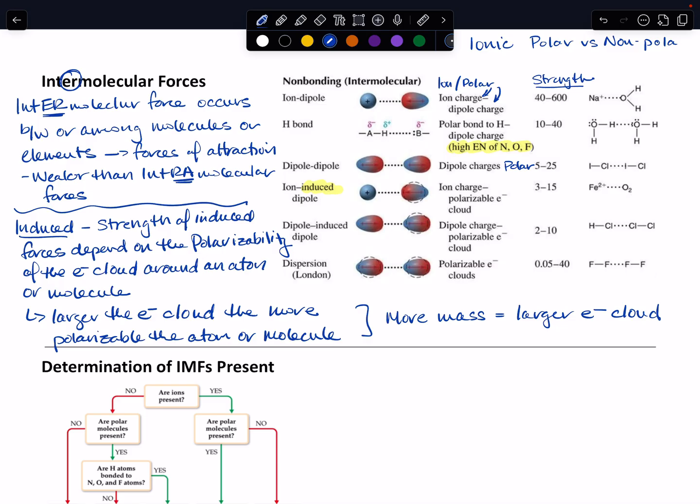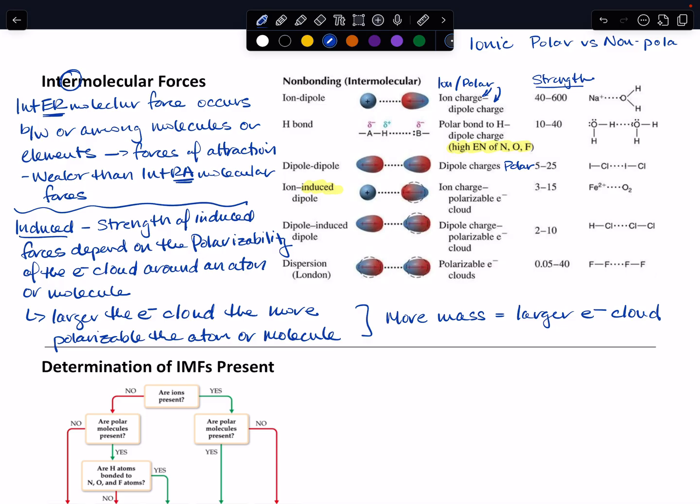So when you're comparing two atoms, for example, let's say we're looking at two of our noble gases, argon versus xenon. Xenon has a higher molar mass, which means it has more protons, which means it in turn also has more electrons. So that increase in the electron cloud makes it more polarizable.